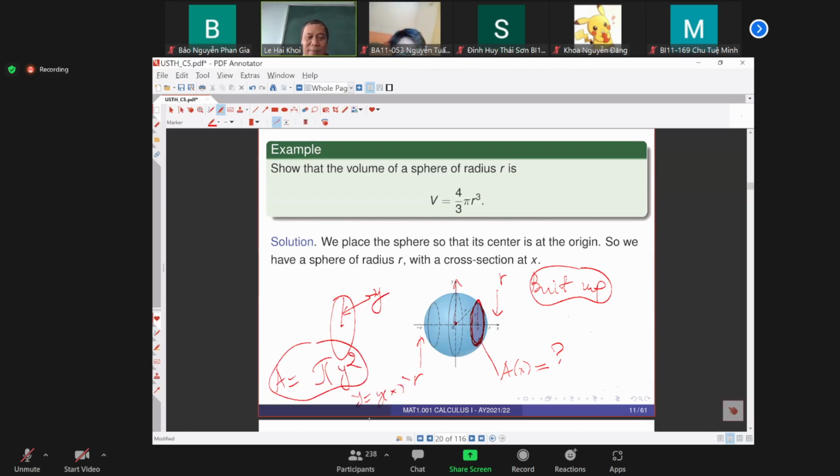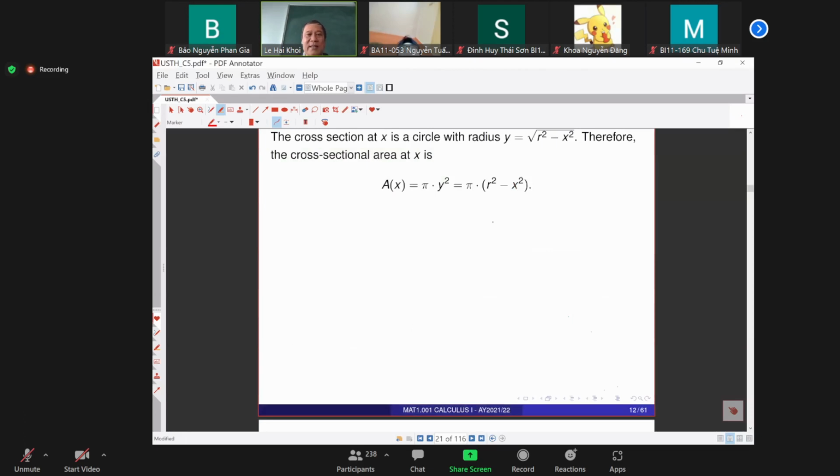And then you have to represent y in terms of x, and the volume is the integral from negative r to r of A(x) dx. And you get the answer. It should be 4/3 pi r cubed. Okay, now we do it. What is that? The cross section has radius y.